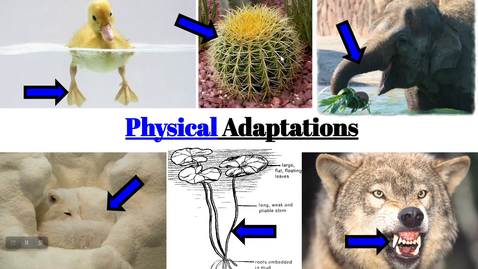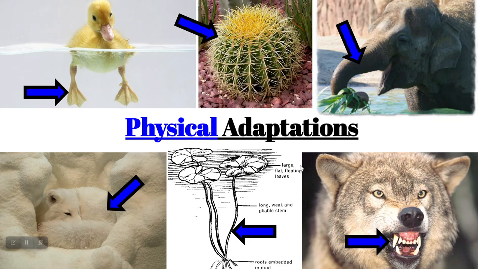Okay, spiky needles on a cactus or webbed feet, a long trunk over here on our elephant. These guys are furry and white. And on this plant, we have a very long, weak, pliable stem. And we have large floating leaves. So we don't think about adaptations quite as much on plants.